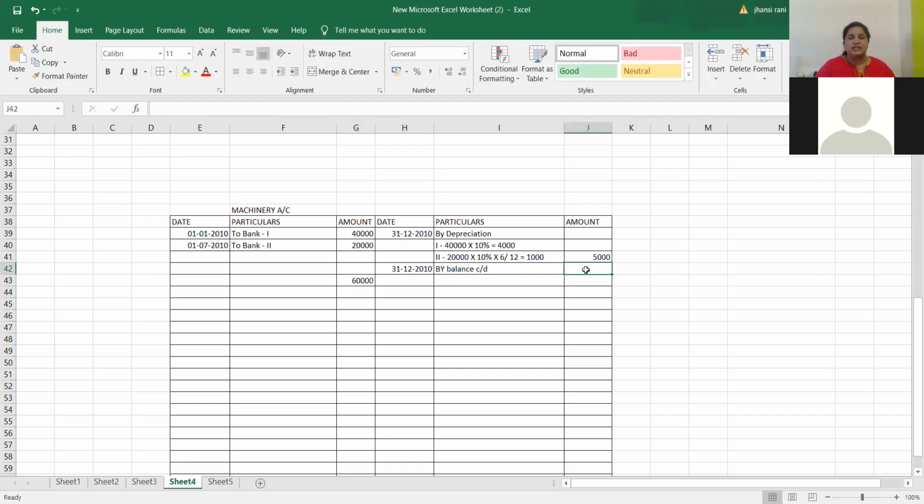And here the difference, 60,000 minus 5,000, will be 55,000. So my balance is 55,000, and the account total is 60,000 for 2010. As this year is ending, I close that account by drawing two lines under 60,000 on both the sides.